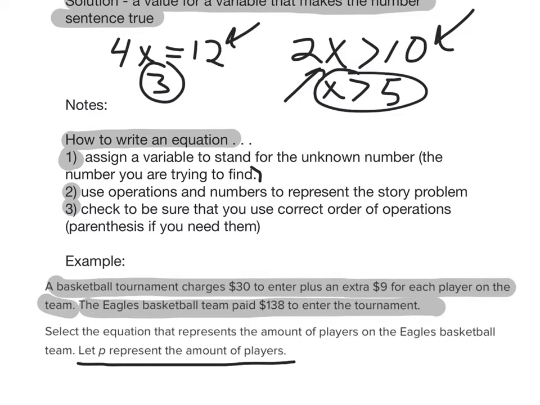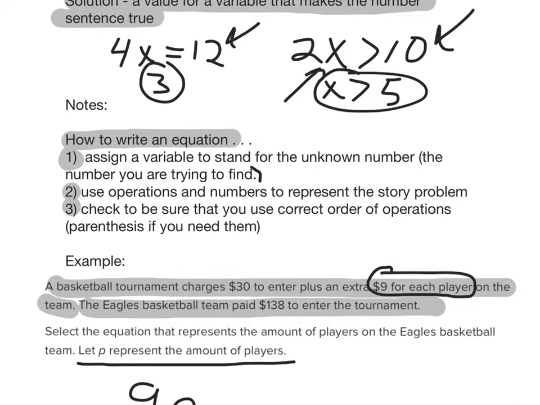So a basketball tournament, so P, the number of players, where is that in the problem? $9 for each player. Okay, so we're going to take the $9 and we're going to multiply that by the number of players. P stands for the number of players. That is not the only amount of money.